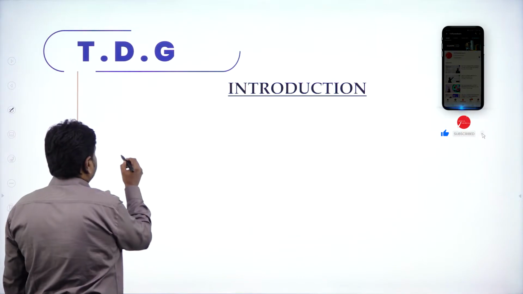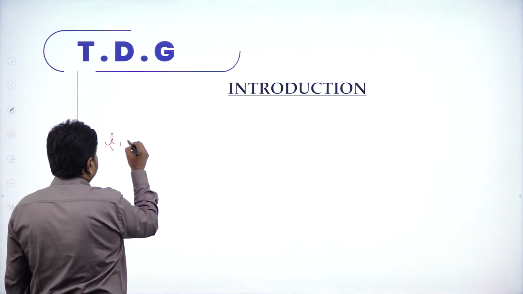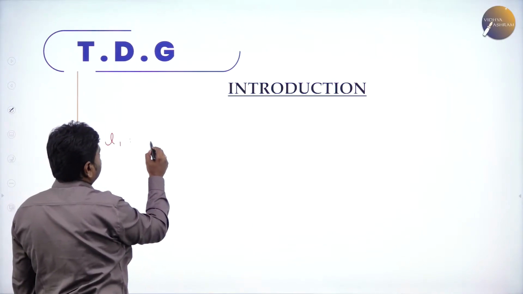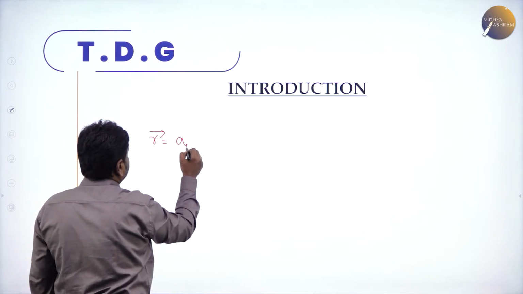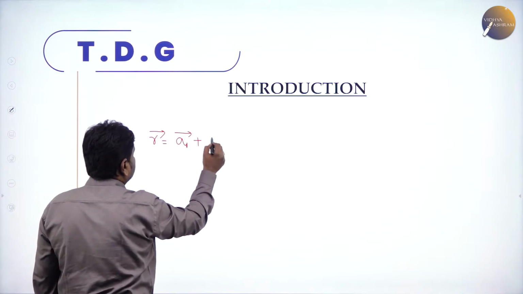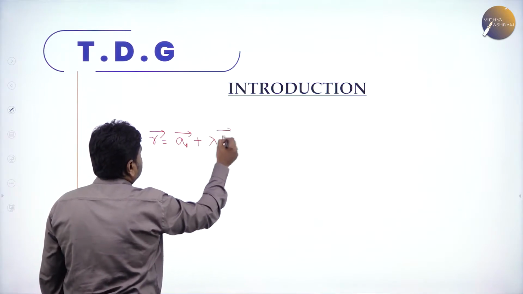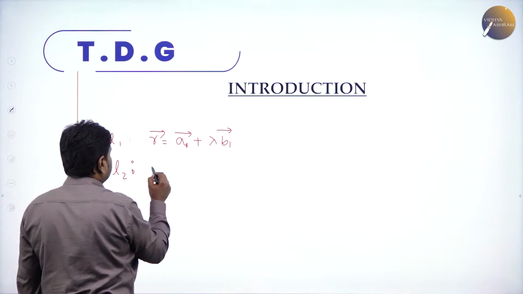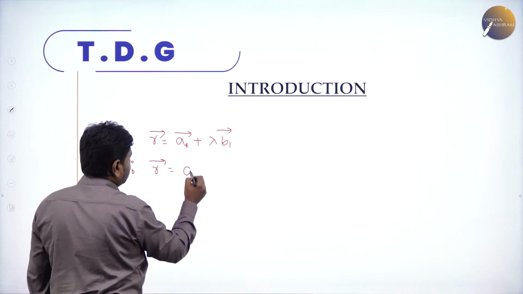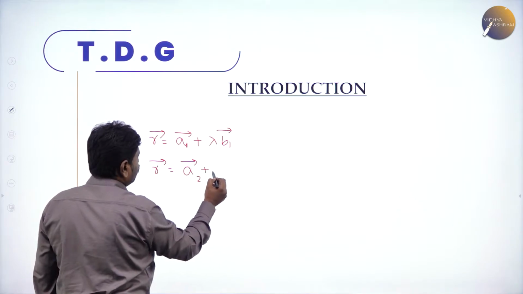Let us consider a line L1. So take line L1. L1 is vector R equal to vector A1 plus lambda B1. And L2, second line, is vector R equal to vector A2 plus mu B2.